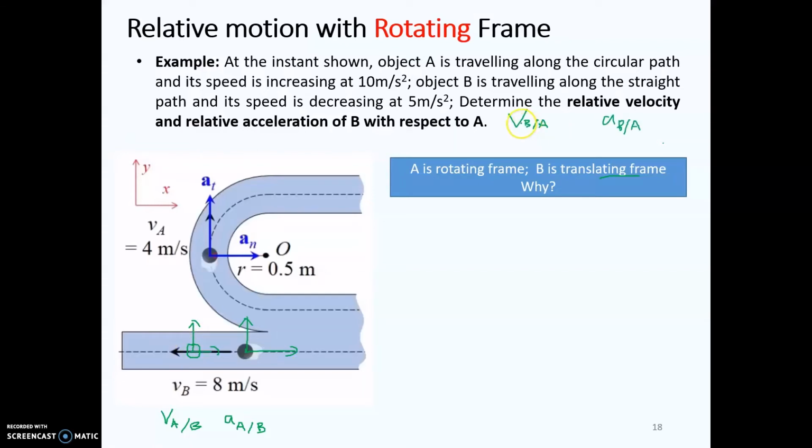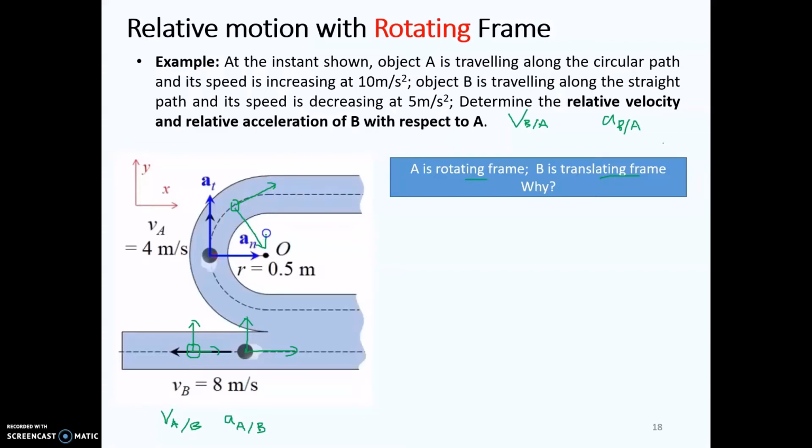In this case, we want to measure the velocity and acceleration at B with respect to A. A is called the rotating frame. This is because when A moves to the next point here, you see the frame is rotated.